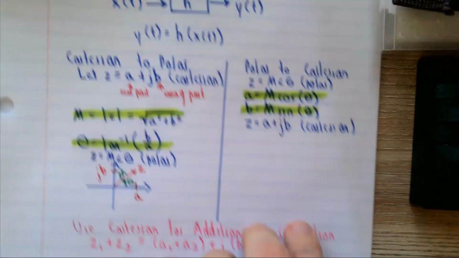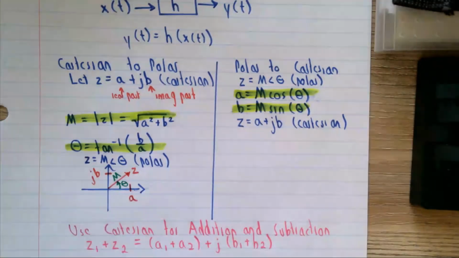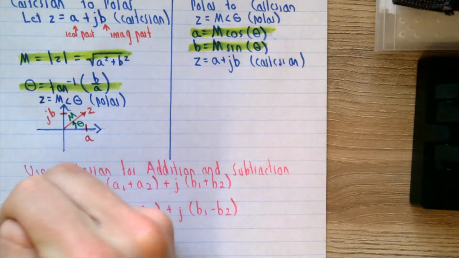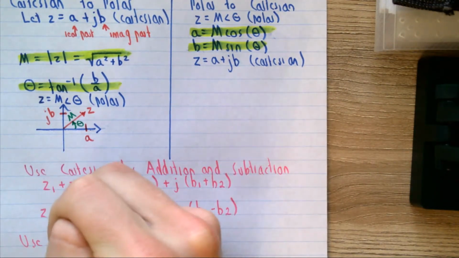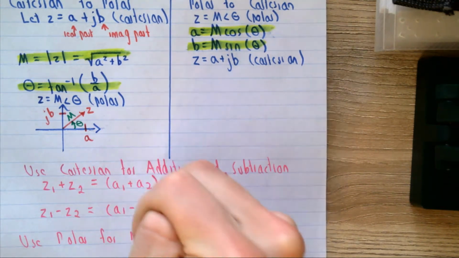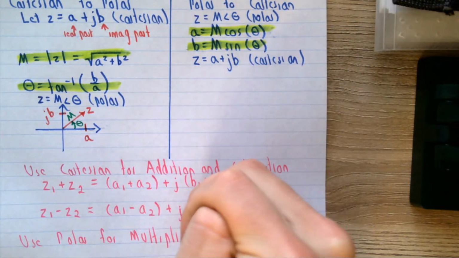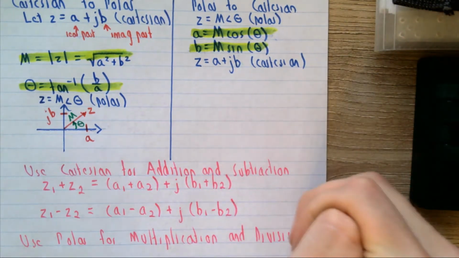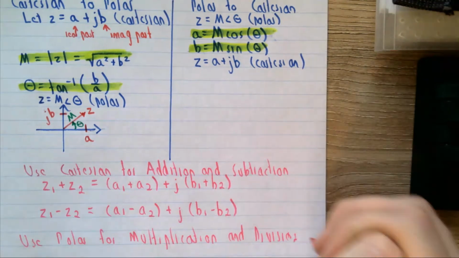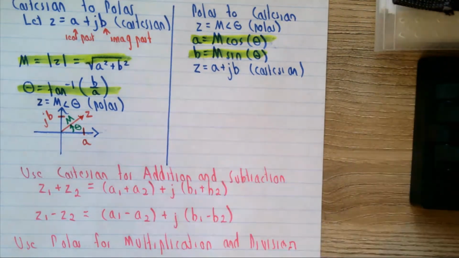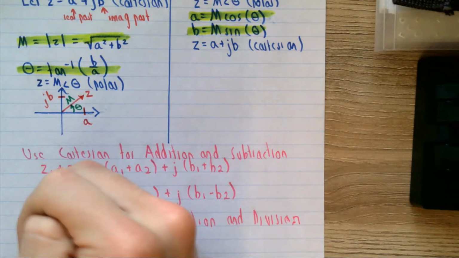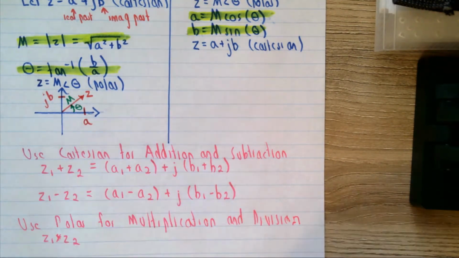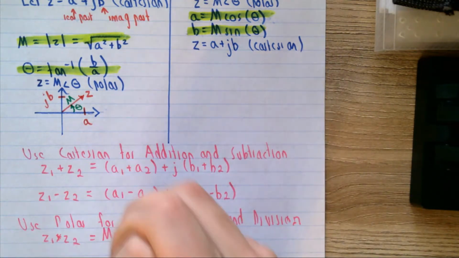So what that's going to look like is something like this, where you have one vector multiplied by the other, so z1 multiplied by z2, and that's going to equal the product of the magnitudes of the two vectors, and the angles will be added.